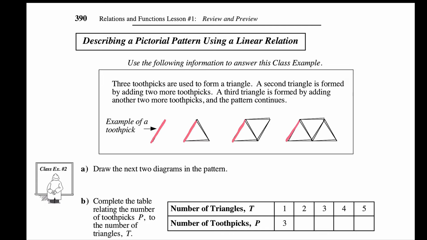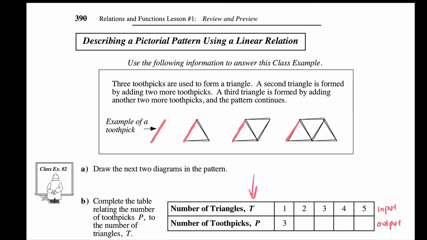So we're saying that if we look down at this table right here, we've got sort of our input right here, and this is going to be our output. Okay, so the input is the number of triangles, and the output is going to be the number of toothpicks that are formed in that number of triangles.